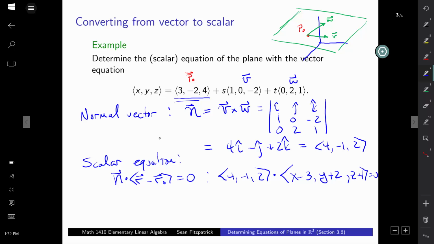That should be equal to 0, so this gives me 4 times x minus 3, minus 1 times y plus 2, plus 2 times z minus 4 equals 0. So this gives me 4x minus y plus 2z is equal to, let me see, 12 plus 2 plus 8, that's 22.